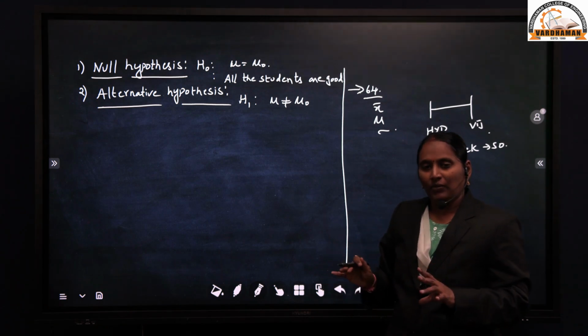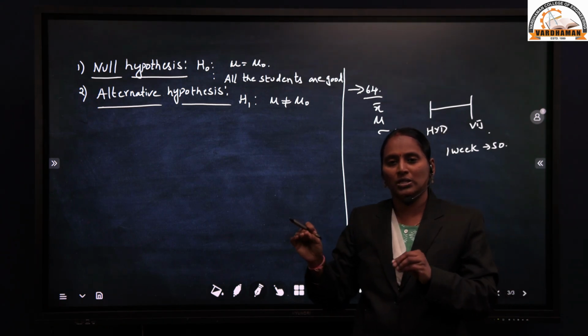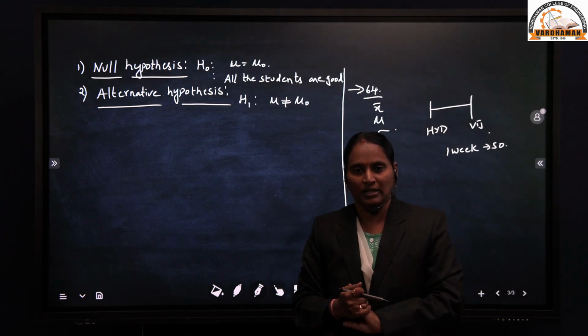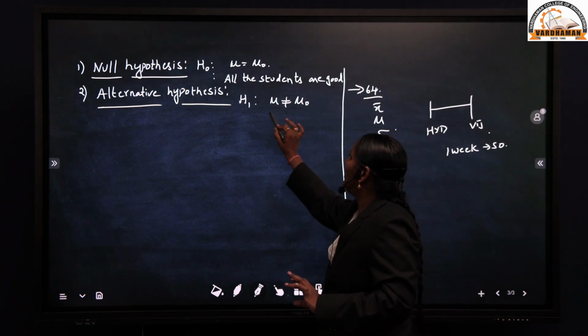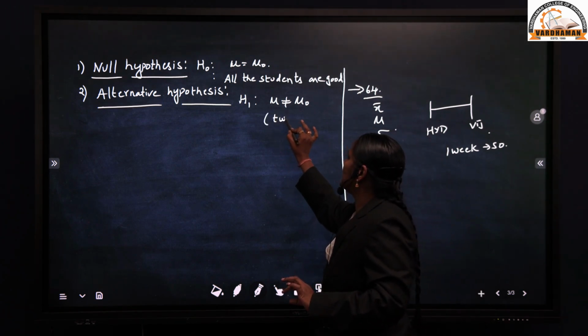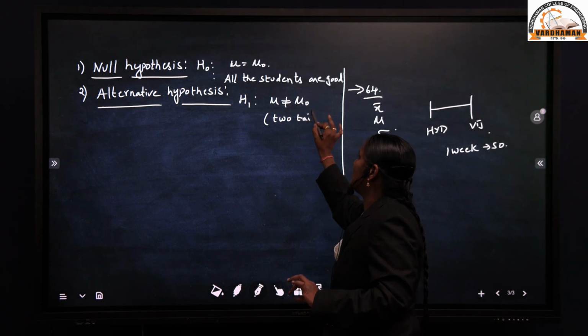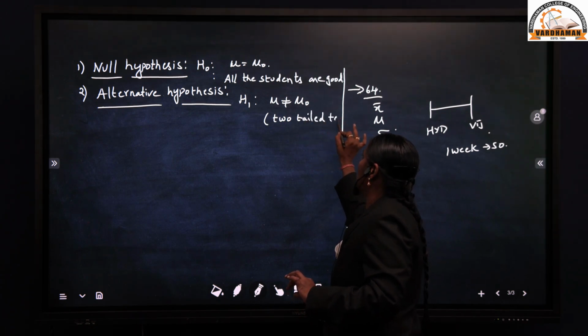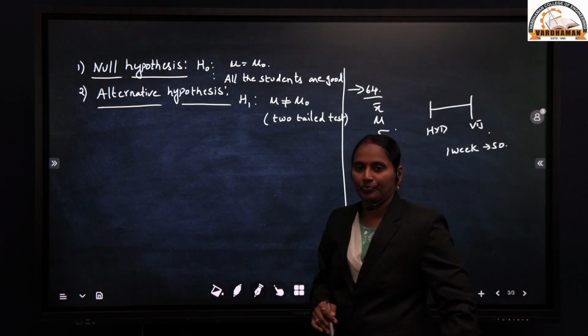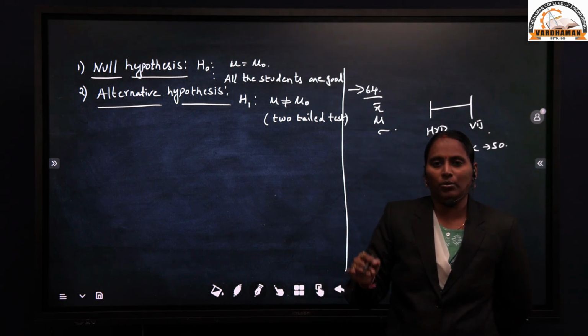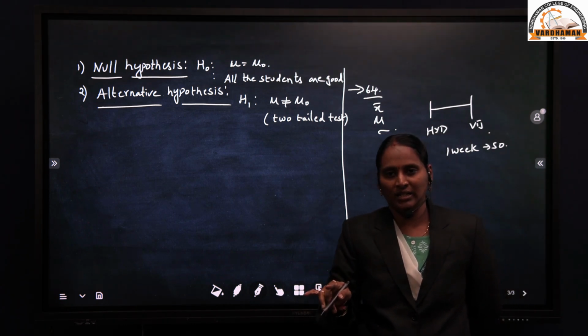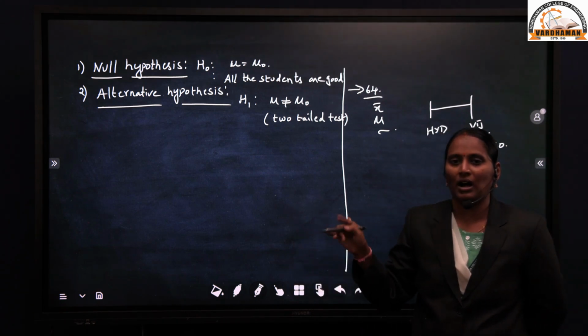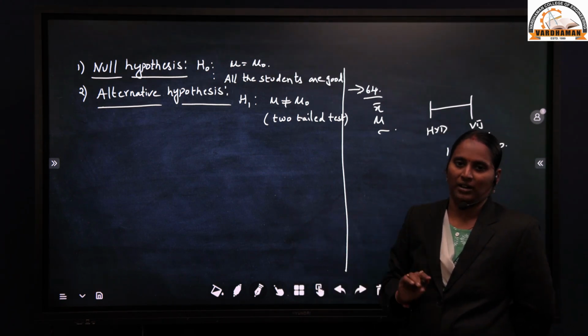If the question asks to check whether there is any significant difference in the data, the type of the test is a two-tail test. In each and every problem we write only one test name: two-tail, right-tail, or left-tail.